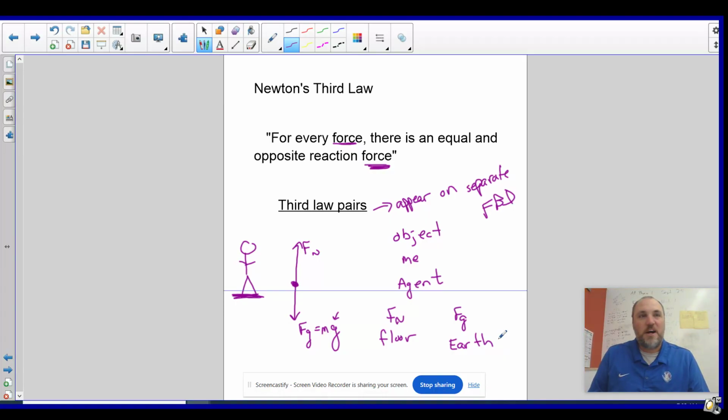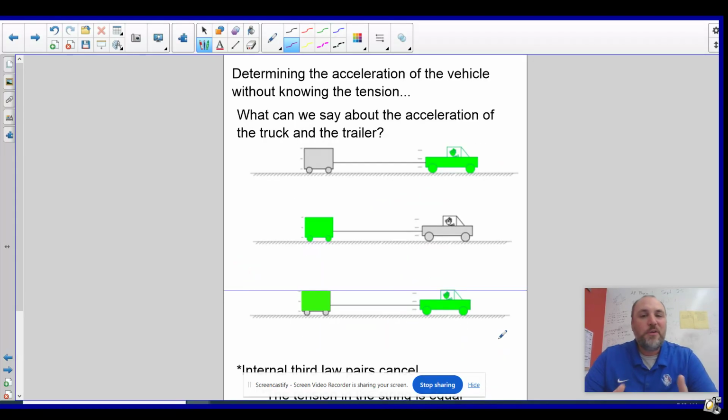For example, if I were to jump off of a desk, I will accelerate towards the Earth instead of the Earth accelerating up towards me, but that has more to do with our different sized masses. We are experiencing equal gravitational force. I'm as much attracted to the Earth as the Earth is attracted to me, so that would be a third law pair.